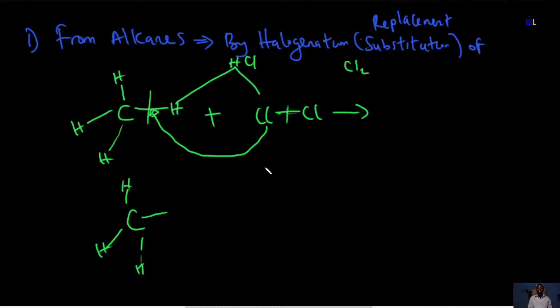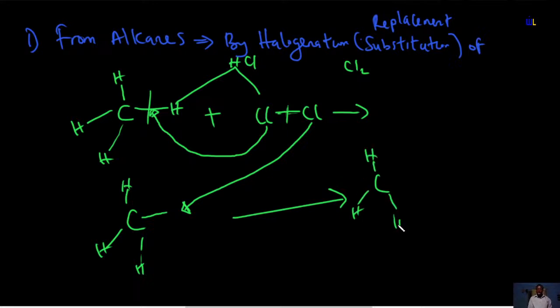This end that is now free will now be attacked by the second chlorine. And once it is attacked by the second chlorine, it now leads to the production of C, hydrogen here, hydrogen here, hydrogen here, and then instead of another hydrogen here, you have chlorine instead. So the end of this whole reaction is that a monochloroalkane is produced initially plus HCl.